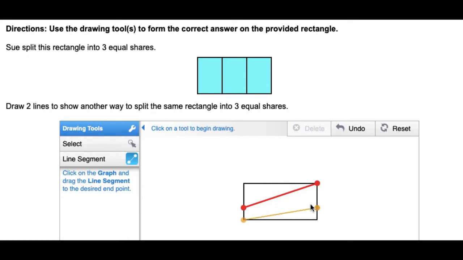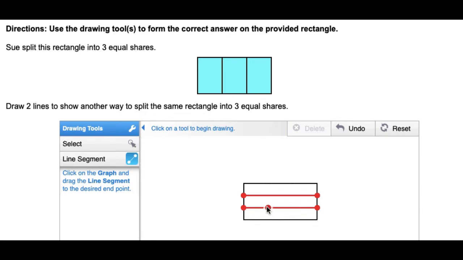No, you have to go for 3 equal shares. Oh, equal. I think so. This is a good way. Right. 1, 2, 3, 3 equal shares.